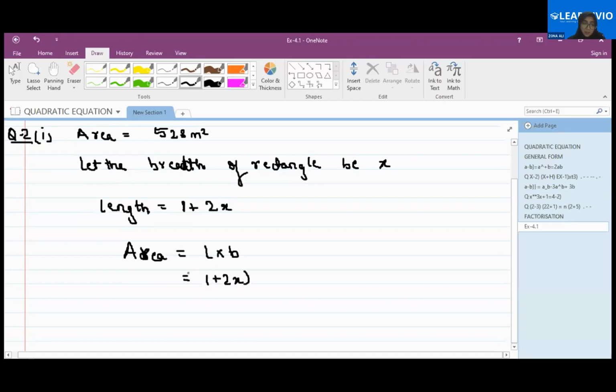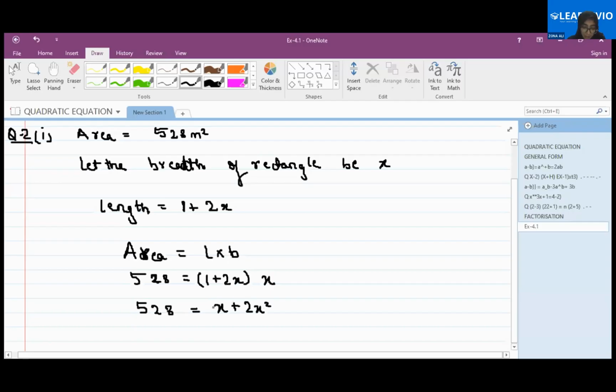And what is breadth here? X. And area is given to you, that is 528. Now we'll solve this equation and find the value of x, that is 528 is equal to x times (1 plus 2x), that is x plus 2x square.